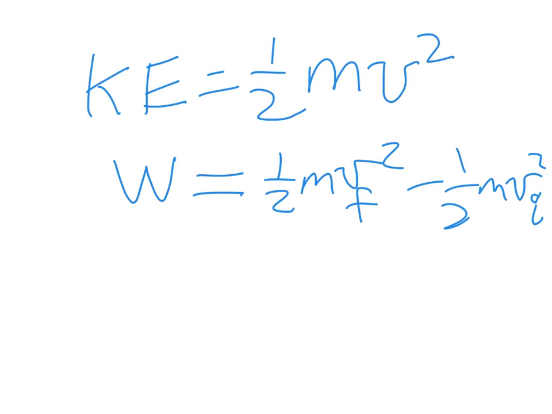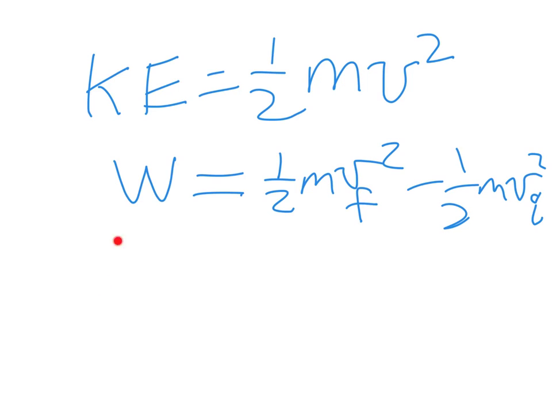And so that's going to be the change in kinetic energy, because 1/2 mv final squared would be the final kinetic energy, and 1/2 mv initial squared would be the initial kinetic energy. And so if I start out with this energy being 20 joules, that's the energy unit, by the way, joules, and I end up with 40 joules, then the change in energy would be 40 joules minus 20 joules, which would give me a net work of 20 joules.